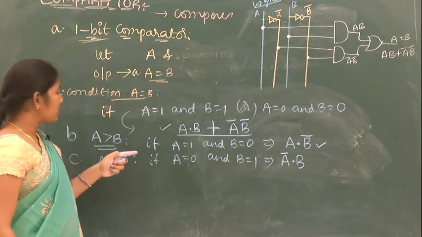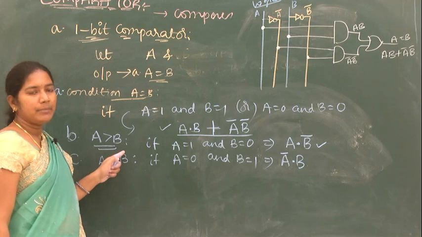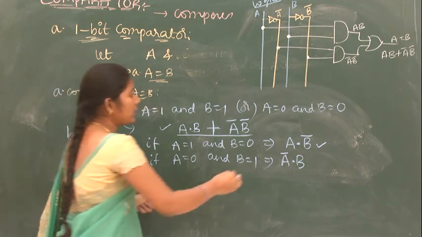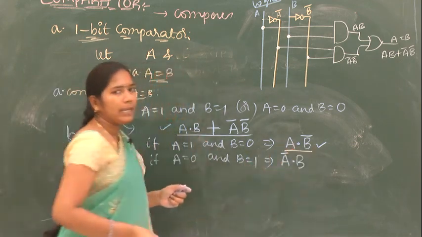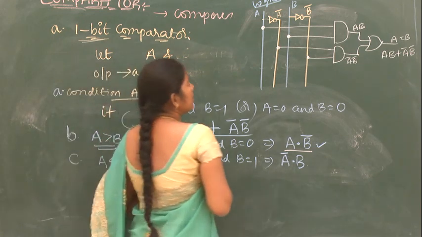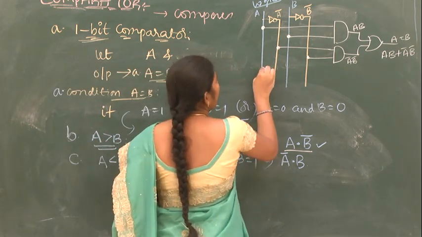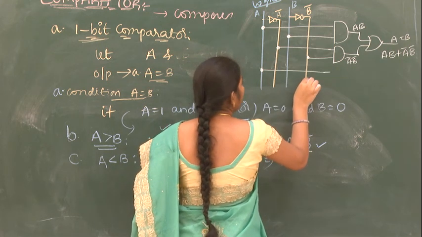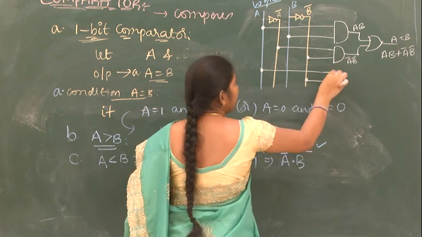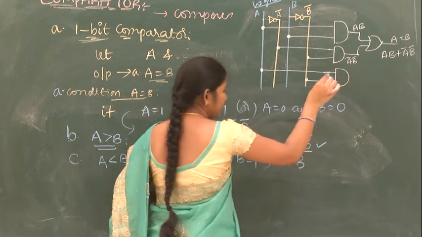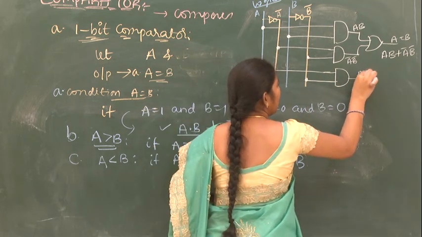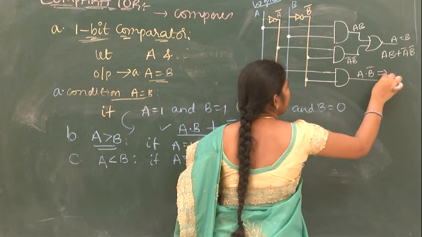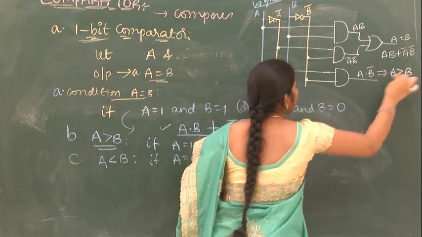The next condition is what? A greater than B. For this, the logic expression is A dot B bar. So I am taking input from A and B bar, give it to one AND gate. So you get A dot B bar, which is nothing but A is greater than B condition.